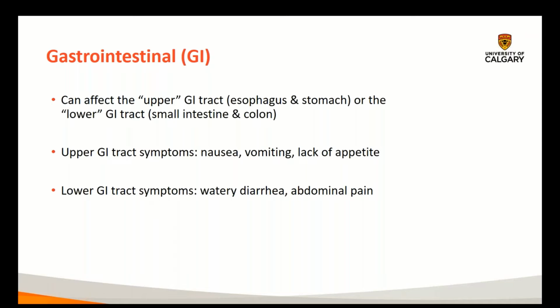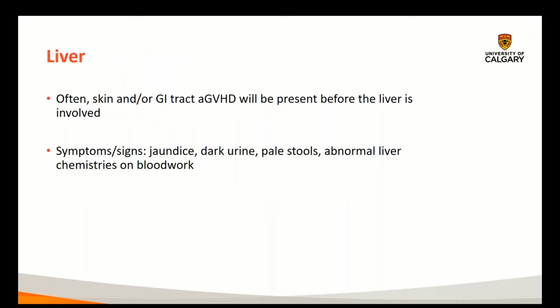With the liver involvement, often the skin or the GI tract will already be involved by acute graft versus host disease, so they will already be present. And then we see the liver function become abnormal. It's pretty rare for liver disease to happen on its own without any other evidence of acute graft versus host disease.